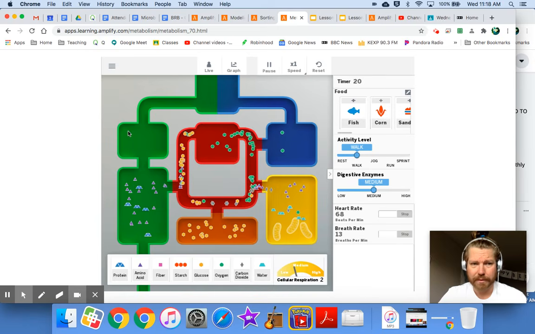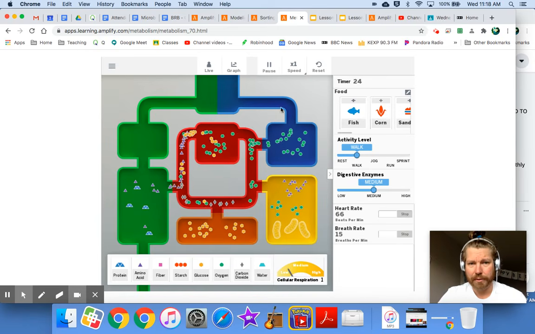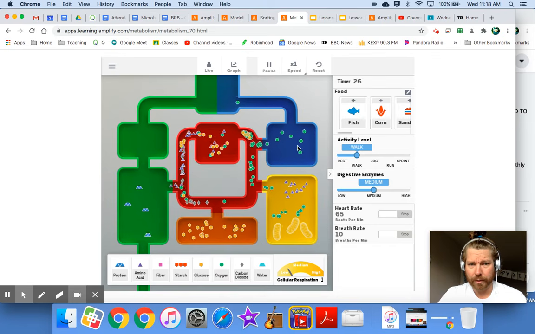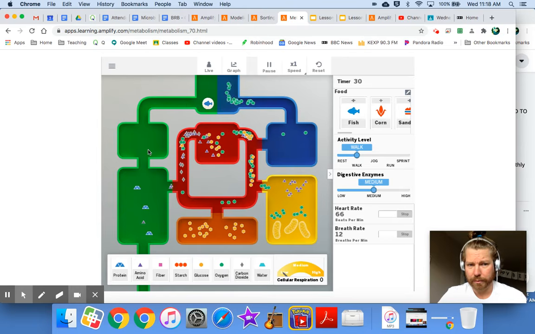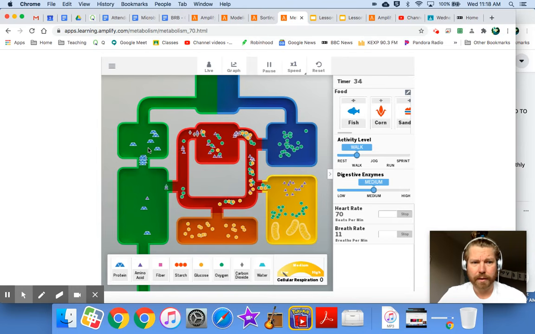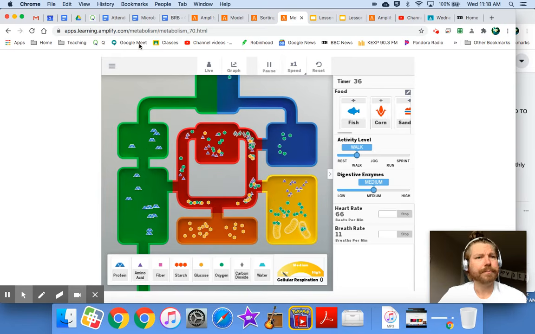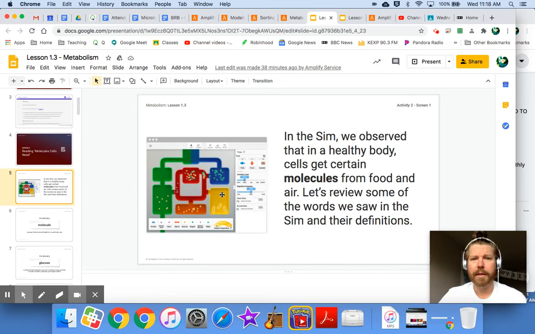This is representing your lungs, and this is representing your stomach over here. So we can see these oxygen molecules coming into your lungs. And let's see, fish. Ooh, food molecules are going to go over here into your stomach, okay? So let's go back to the slides really quick.